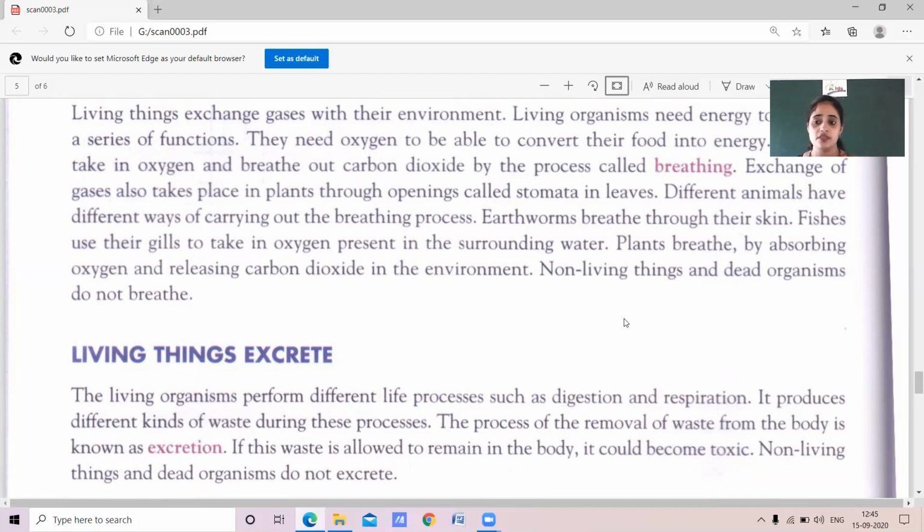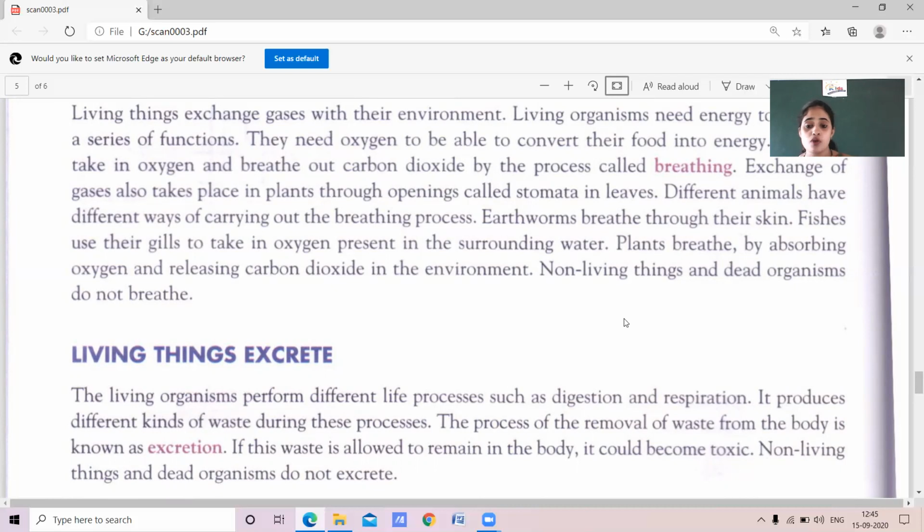As we know, we are involved in certain processes: digestion, respiration, circulation, and the last process is excretion, or the removal of waste from the body. Living organisms perform different processes like digestion and respiration. They produce different kinds of waste during these processes.